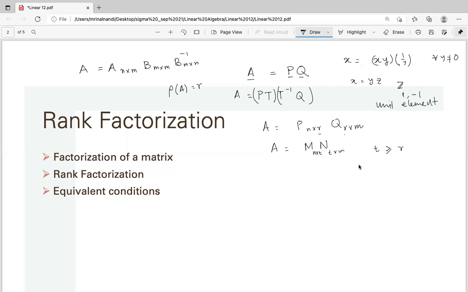Okay, we just prove it as a homework: if rank of A is R, and you factorize A in terms of M and N, such that M is n cross T and N is T cross m, then you just prove that T must be greater than or equal to R.